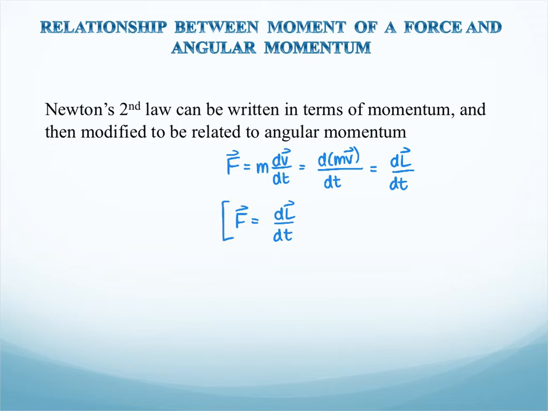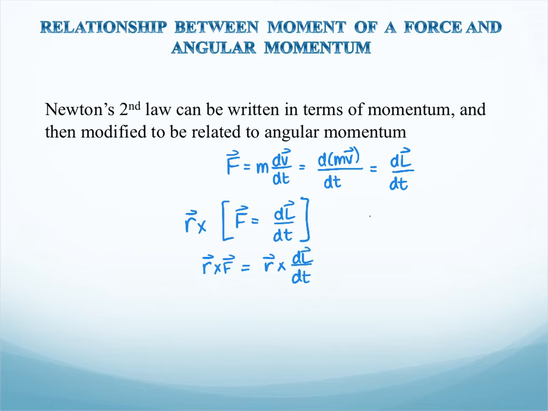So what we're going to do is take this, and to get that moment term out, and we'll see later on also the angular momentum, we're going to take r cross this whole equation, which gives us r cross F is equal to r cross dL/dt.